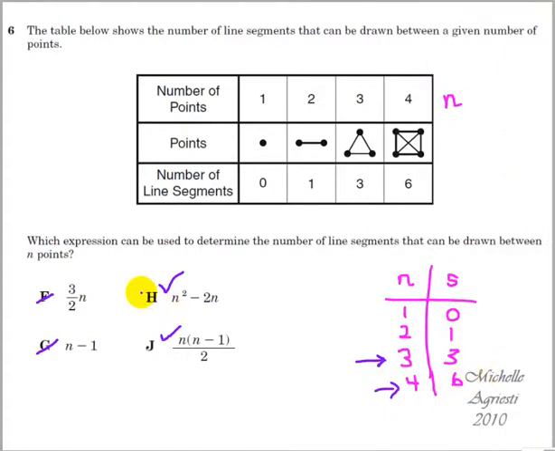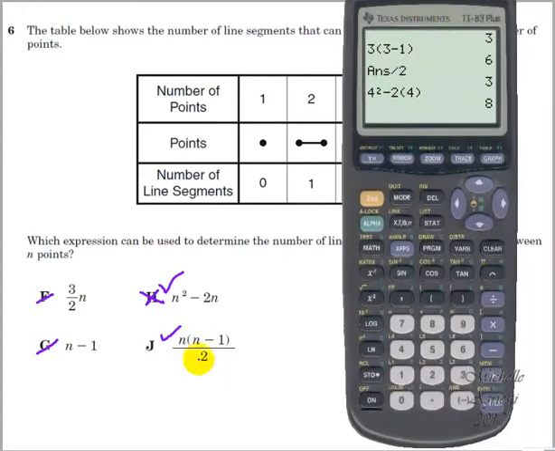So it looks like that is eliminated. But before I pick J, I want to make sure it does work. So we're going to do 4 parentheses 4 minus 1, and then divided by 2. And yes, it does work. So J is my answer.